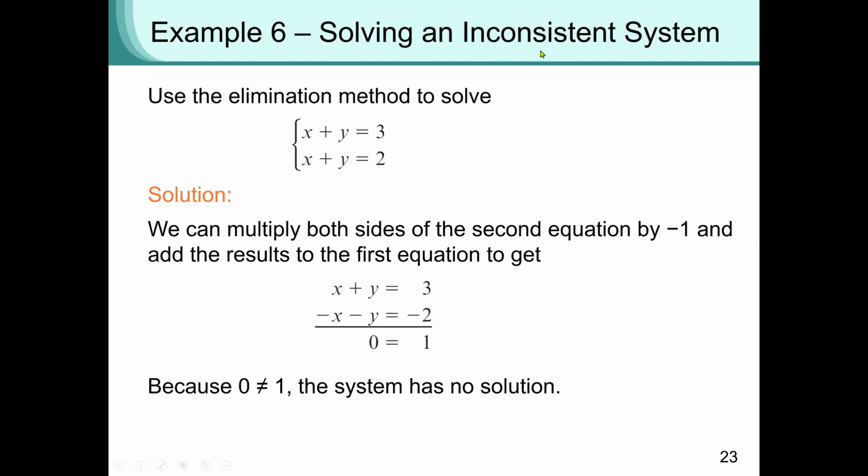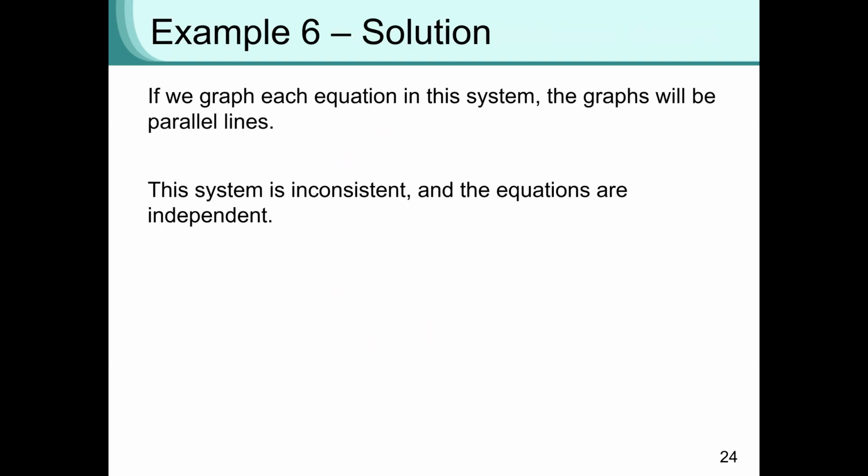Then inconsistent means there's no solution. If you plot these two lines, they will never intersect. There will be no intersection. Infinite solutions means you have multiple intersections. Unique solution means only one intersection. And no solution means, again, there's no intersection.